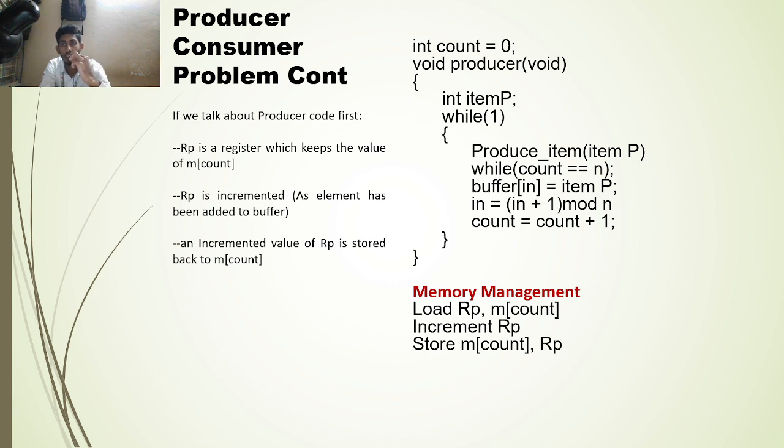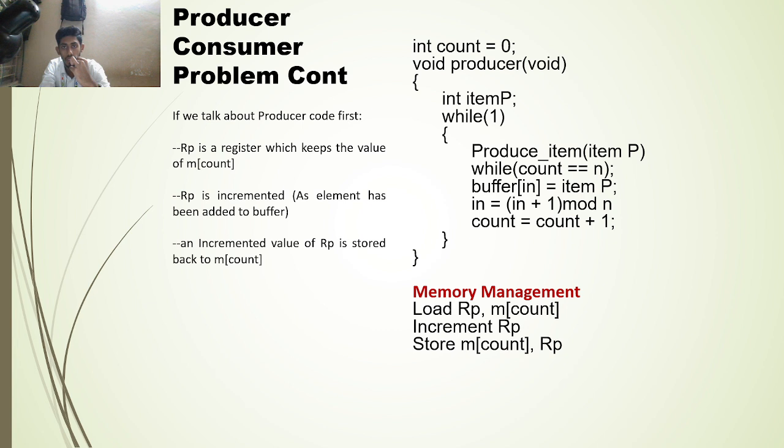Here you can see that I have taken count 0 and taken the function void producer, taken an integer, and run a while loop. In the while loop, I have given this logic: while count equals n, then buffer in equals item p, and in equals in plus 1 mod n, and in the next line, count equals count plus 1.